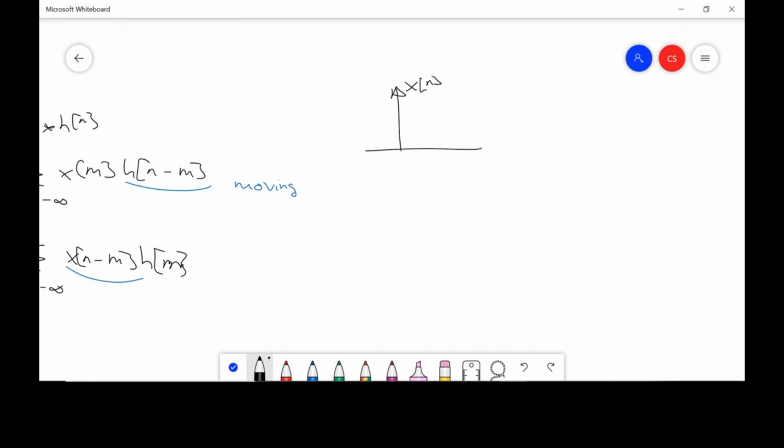X of n may have whatever values here, and it may go to infinity as much as it likes. The kernel, this one is called the kernel, a convolution kernel.